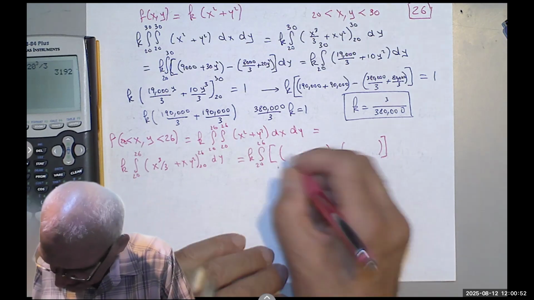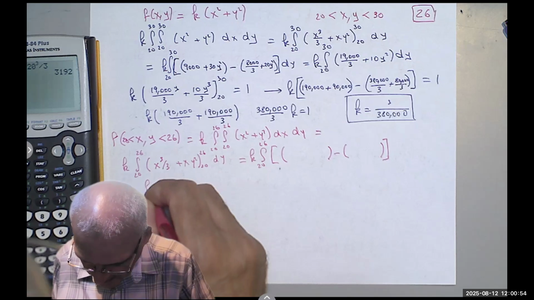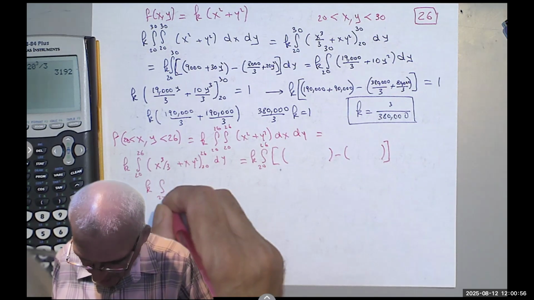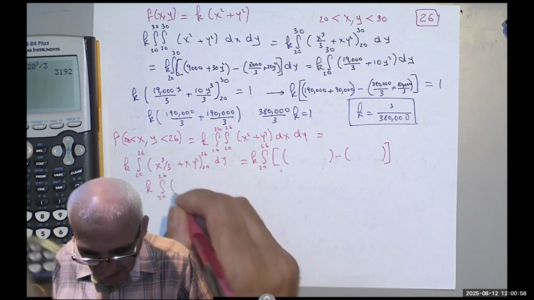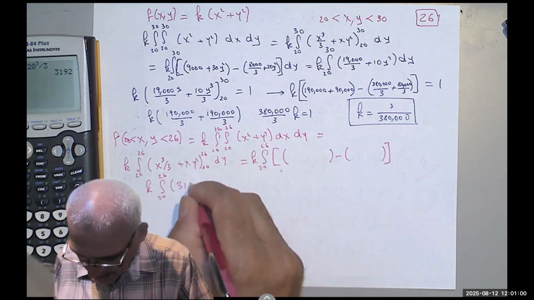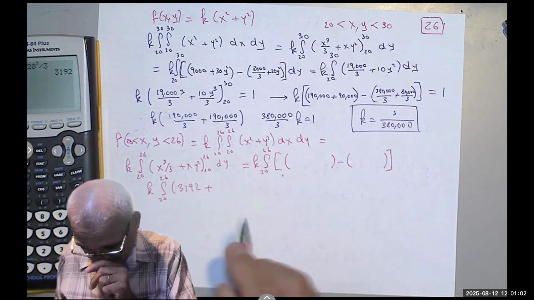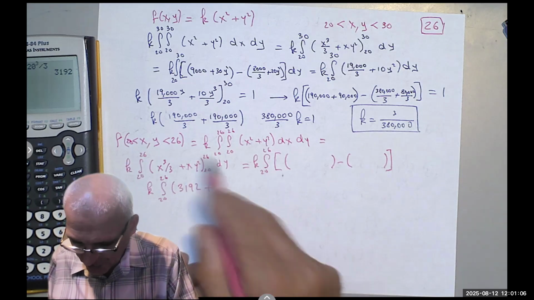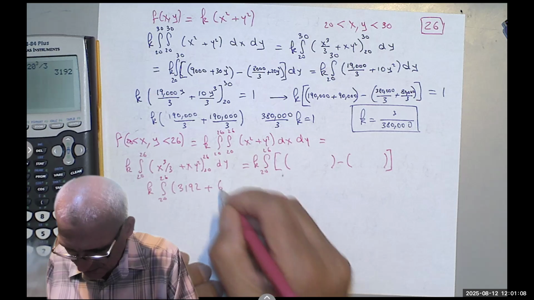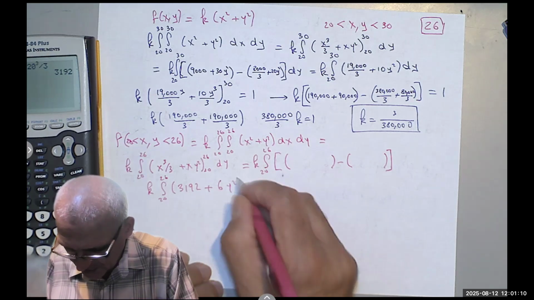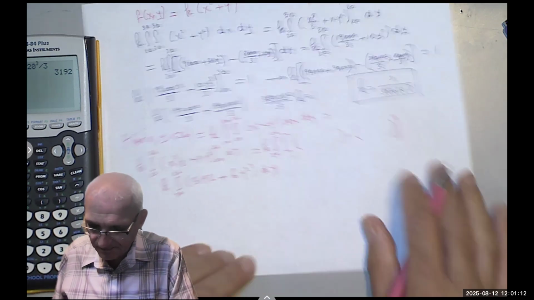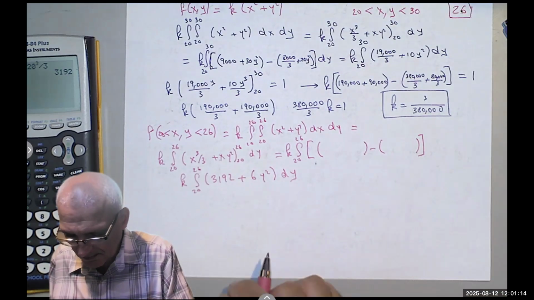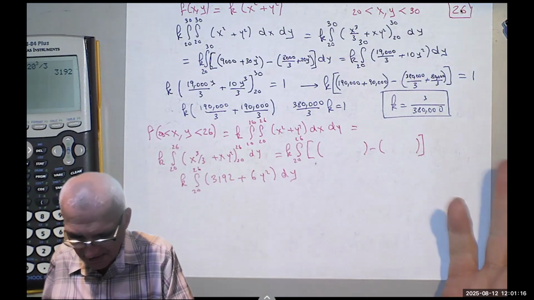So I get k times the integral from 20 to 26 of 3192 plus, and here I have 26y squared minus 20y squared. So it's 6y squared dy, right? This is basically it.